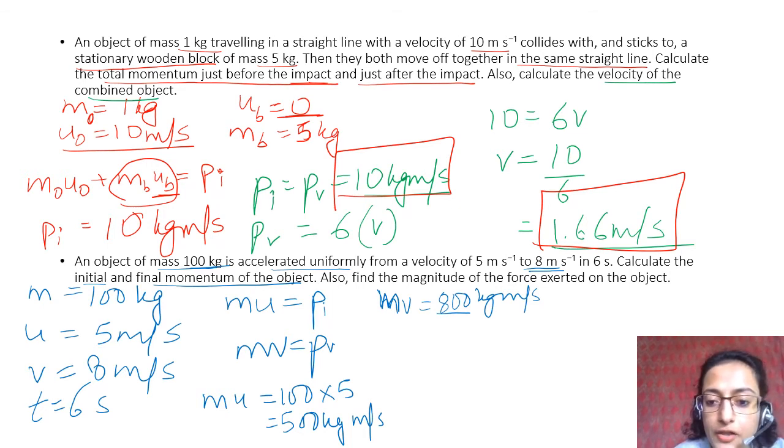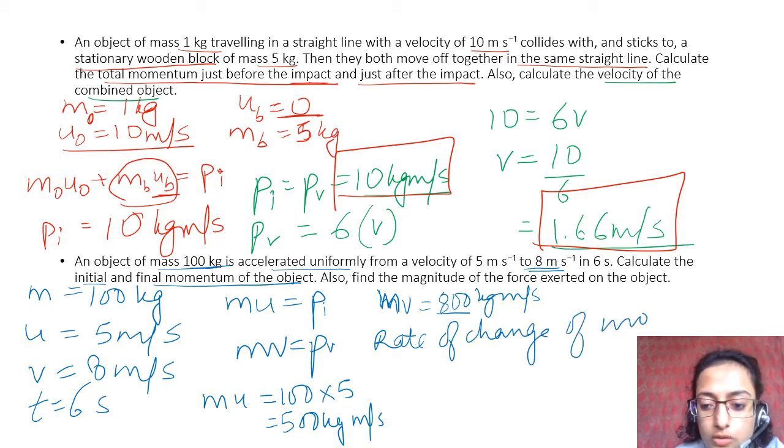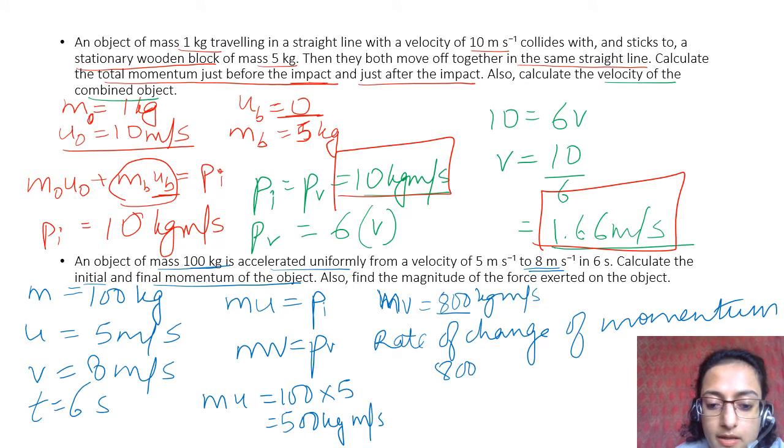Also find the magnitude of force exerted. Now what is the magnitude? Change of momentum. Now we know the two momenta. And here, what is the change in momentum then? 800 minus 500. This is 300 kilogram meter per second, the change of momentum.